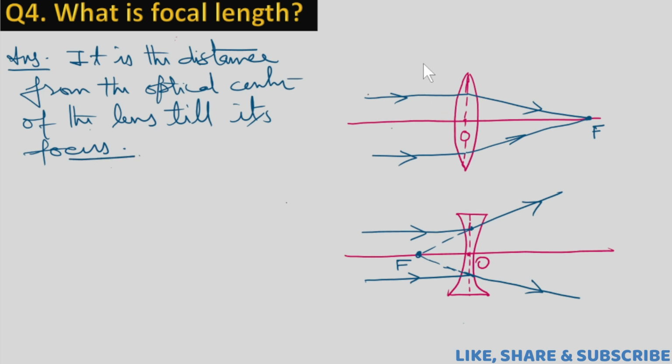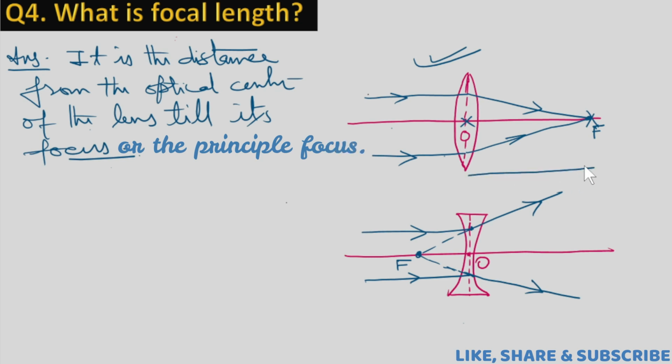As you can see in this first diagram, this happens to be the optical center, and this is the principal focus. Distance from optical center till the focus, this is what is identified as the focal length, F.